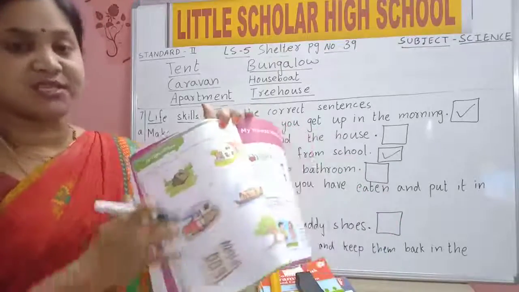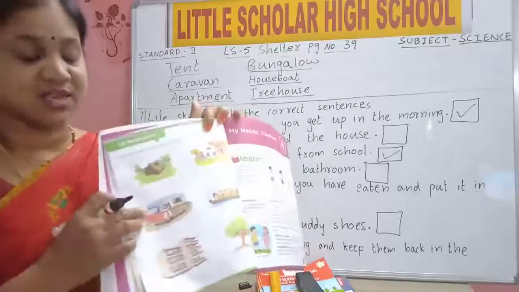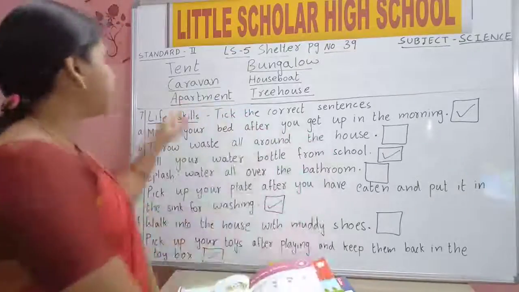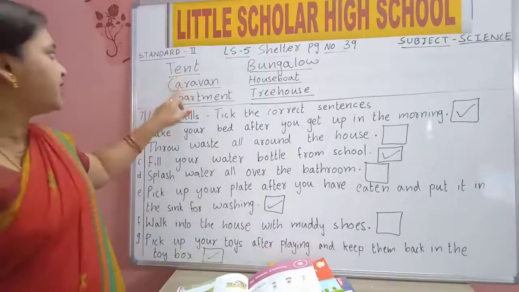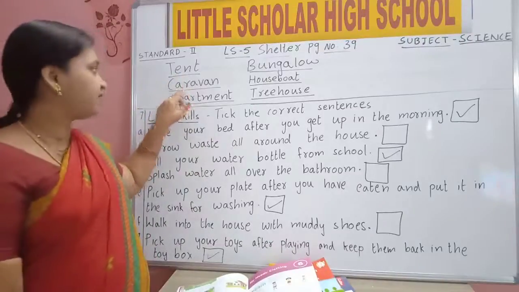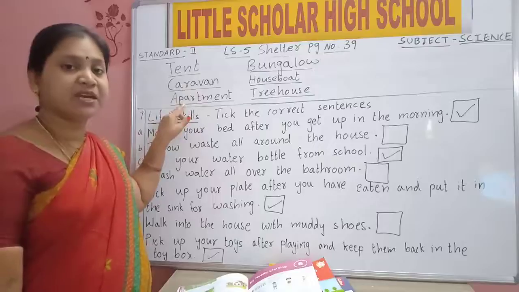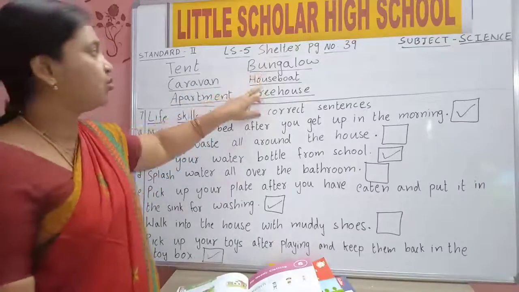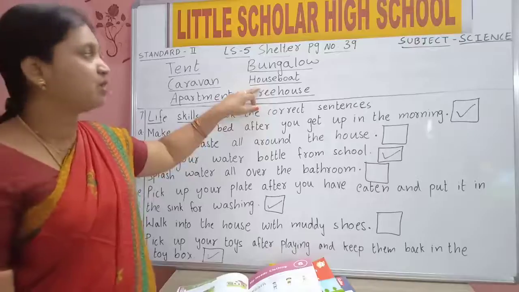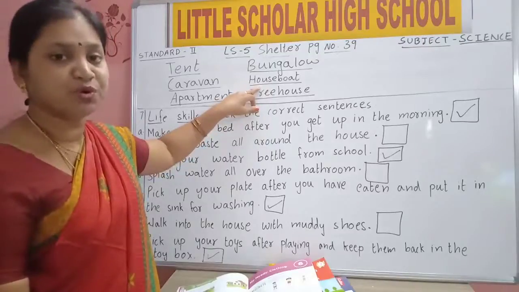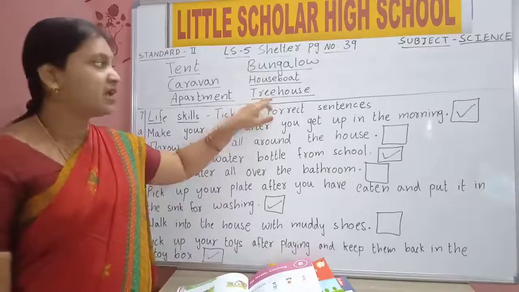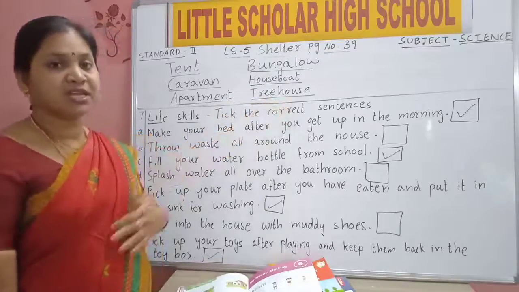Write all these 6 types of houses in your book. Is it clear? What are these? Tent, caravan, apartment, bungalow, houseboat, tree house.